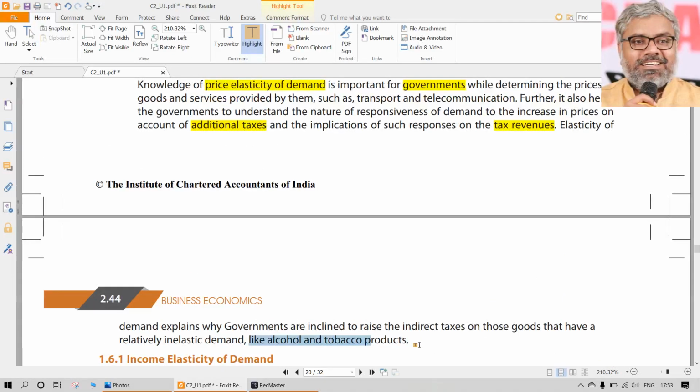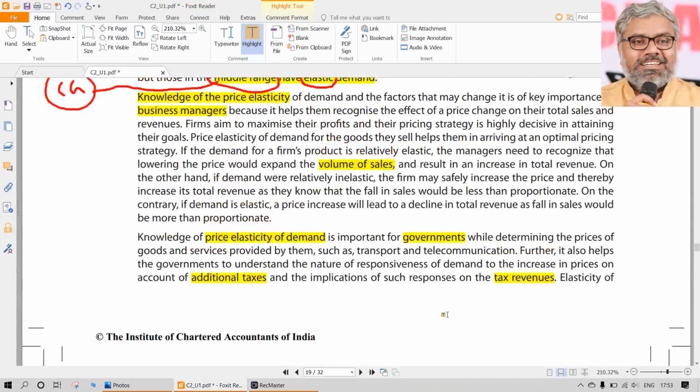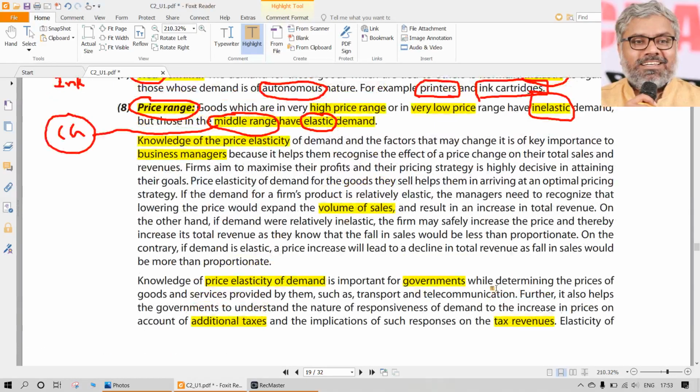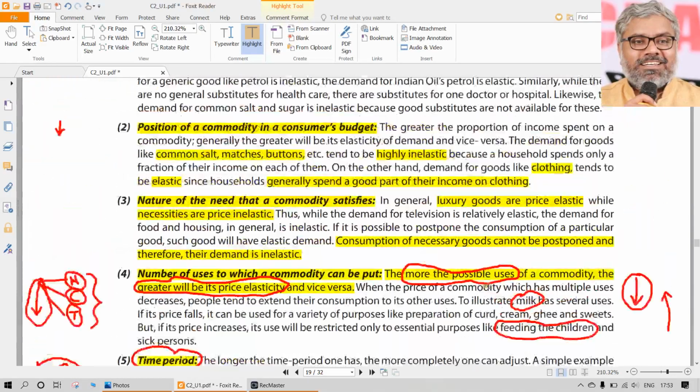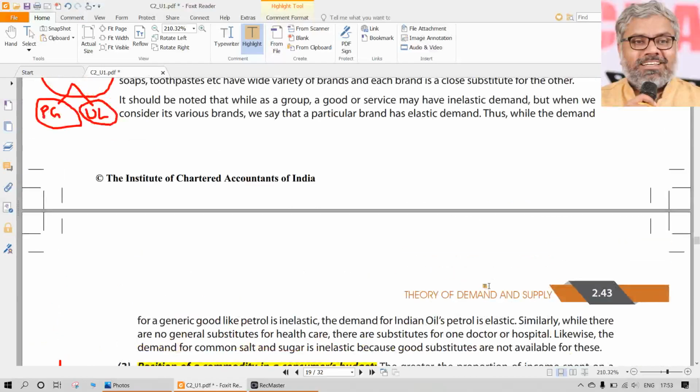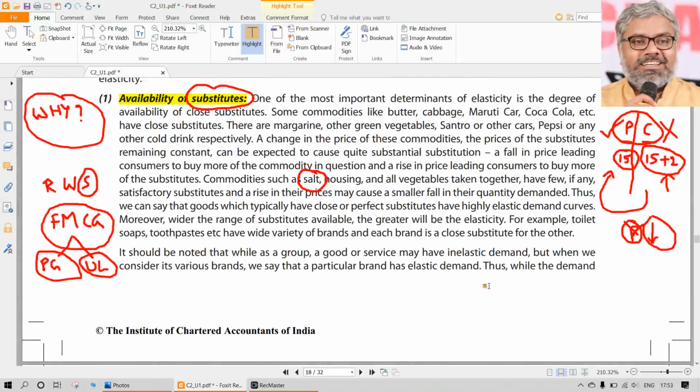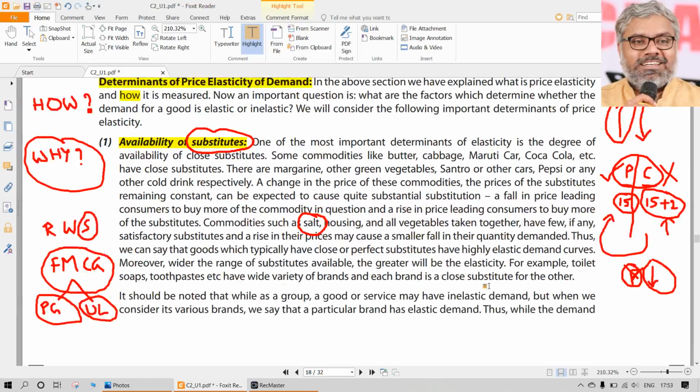For example, alcohol or tobacco products have relatively inelastic demand, so the governments levy additional taxes and increase their tax revenues. Like this, understanding the elasticity of demand, the nature of the product, and how its elasticity is going to be influenced is a very important practical consideration.